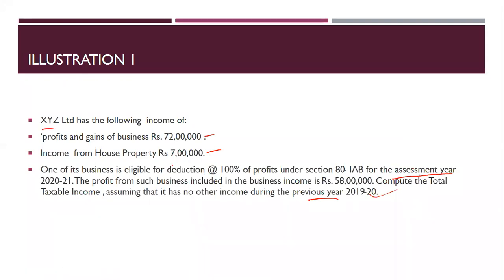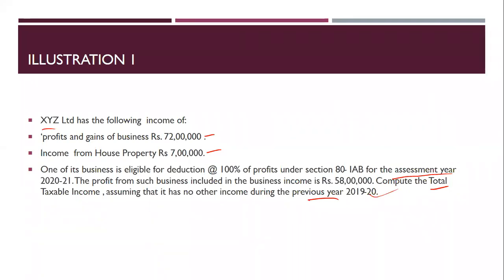So for XYZ Limited, we have to find out the total taxable income. To find the total taxable income, what do we have to see? We have to calculate gross total income. How can you calculate the gross total income? There are 4 heads of income, right? Yes or no? So we have to see what incomes the company earned, and under which category that income goes. First is income from house property.